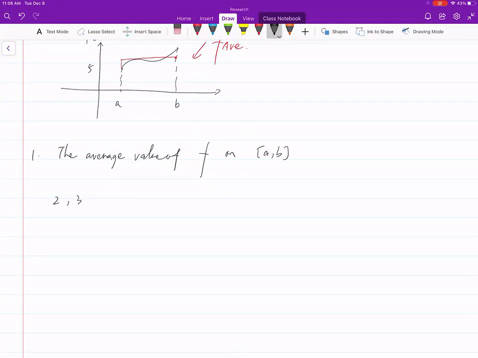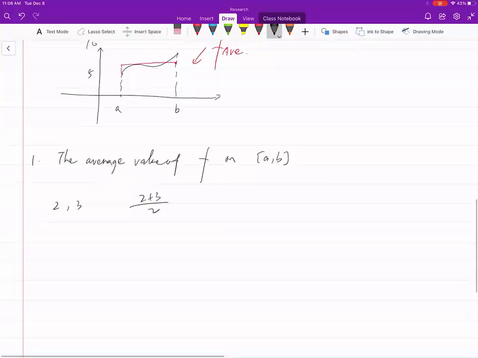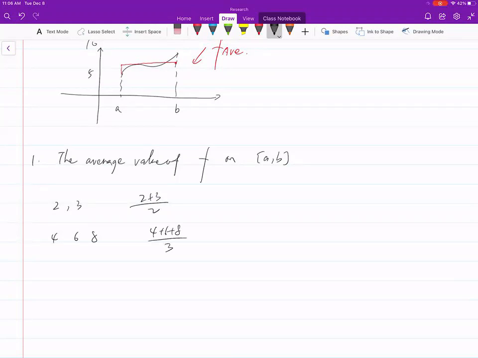How do you do it? 2 plus 3 divided by 2. Okay. What's the average value between 4, 6, and 8? 6. How do you do it? You technically take 4 plus 6 plus 8 divided by 3. Sounds good? What if I give you 10 numbers? What's the average value? Well, you just sum all the 10 numbers together, and when you finish, you divide by 10.